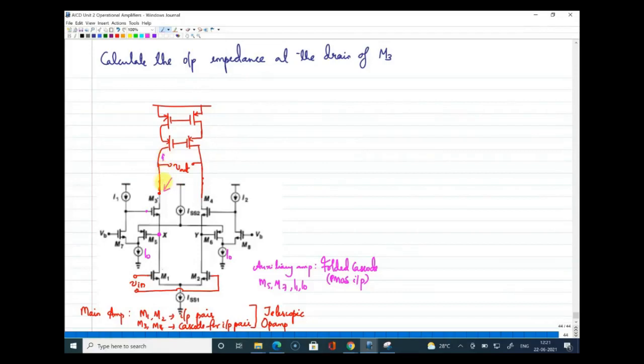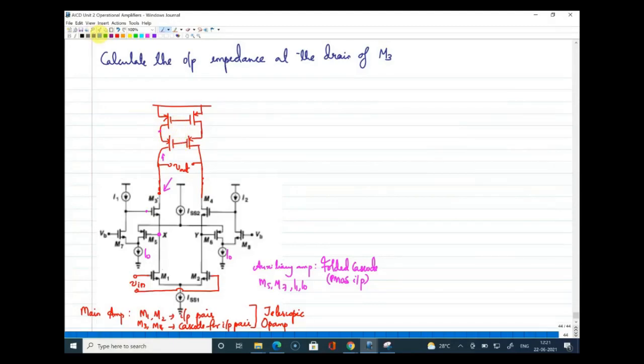To the top also you will have a folded cascode amplifier as an auxiliary amplifier. How? After sensing the signal from the source and feeding it back to the gate, there should be a folded cascode, but that part is not given in this diagram. I'm just leaving it. But now I am drawing your attention to the main amplifier.